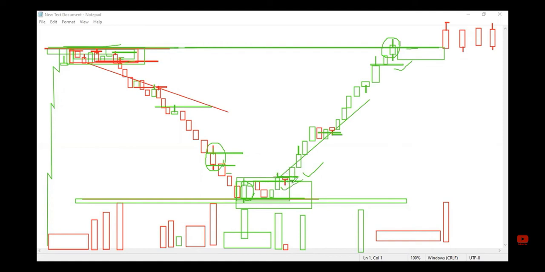After the retracement candle, in this area and in this range we can get it. This is the very perfect position we can get. But sometimes we can get it here also, sometimes here also.